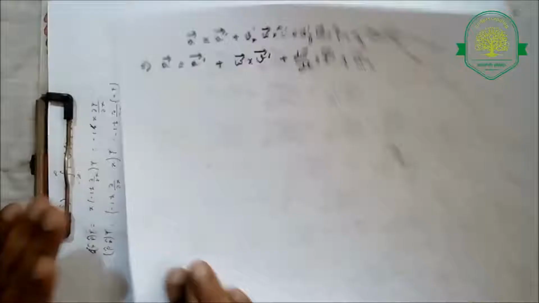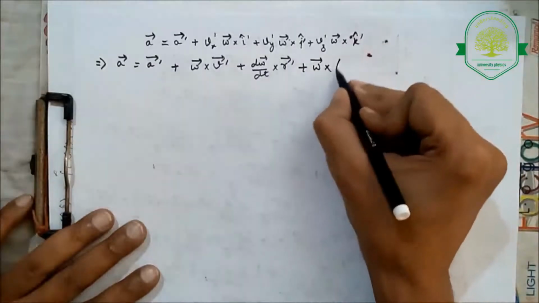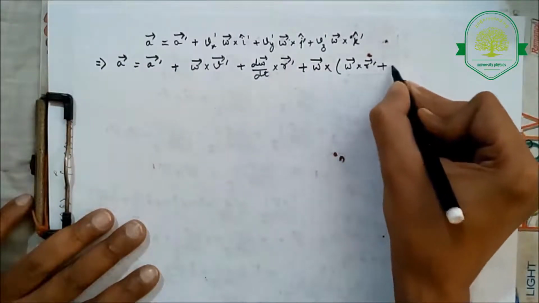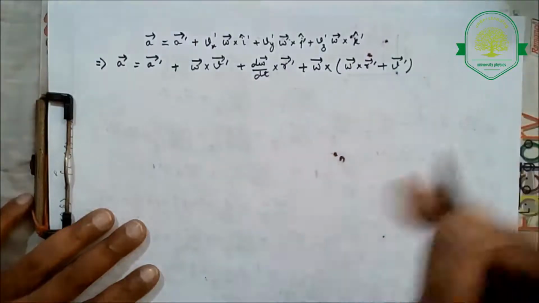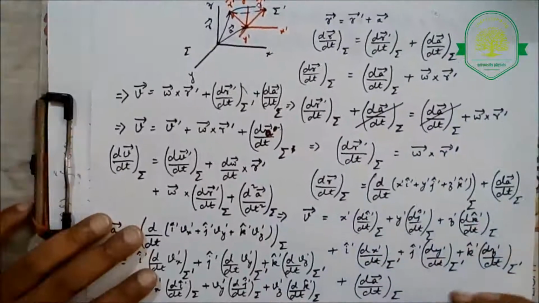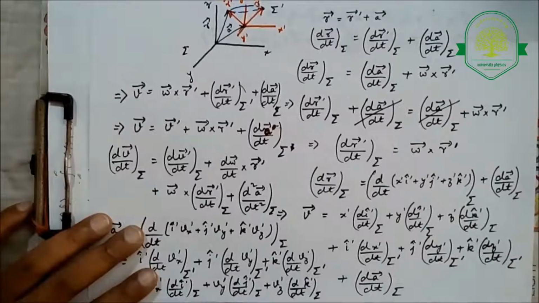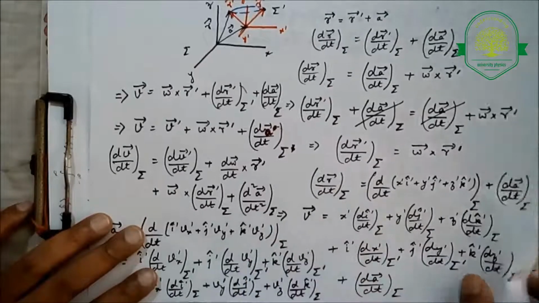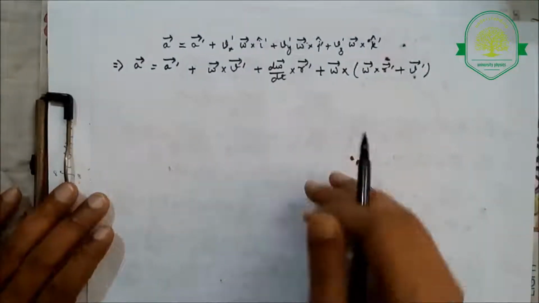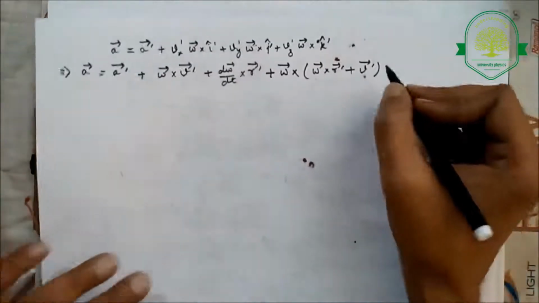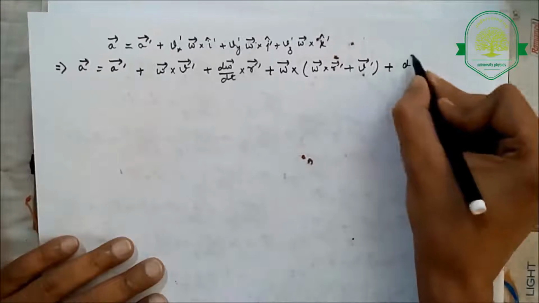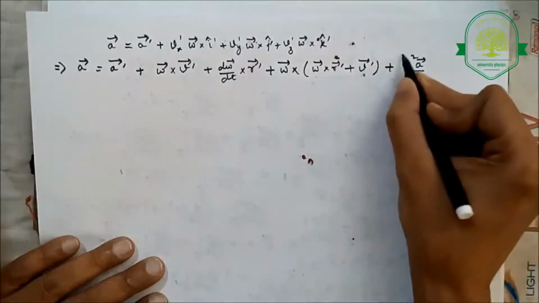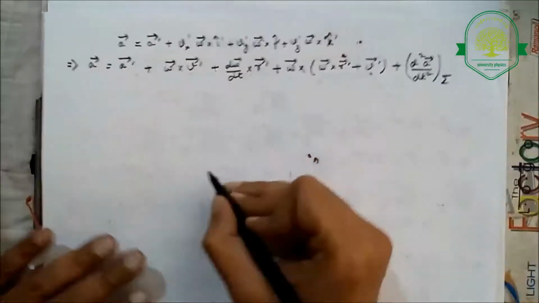So omega cross r primed plus v primed. Did I have more terms? Yeah, I have this term also, which was d squared a vector over dt squared as seen from the sigma frame of reference.